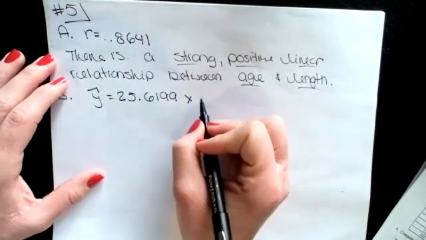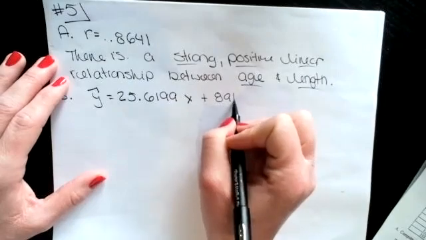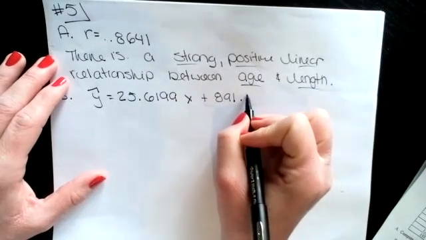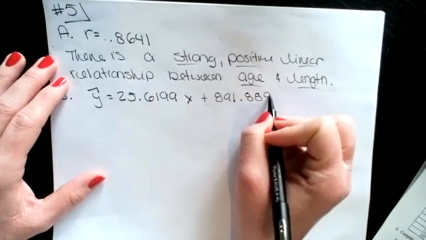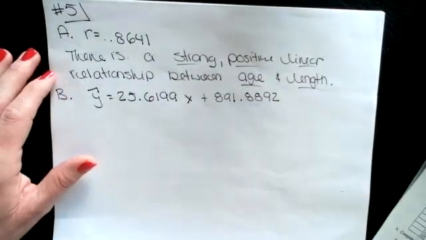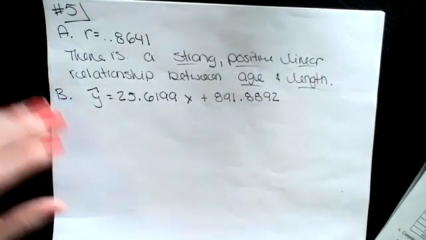Okay. And my y-intercept is plus 891.89, or let's see, 8892. There we go, to be consistent with 4. So there's my equation of my regression line.